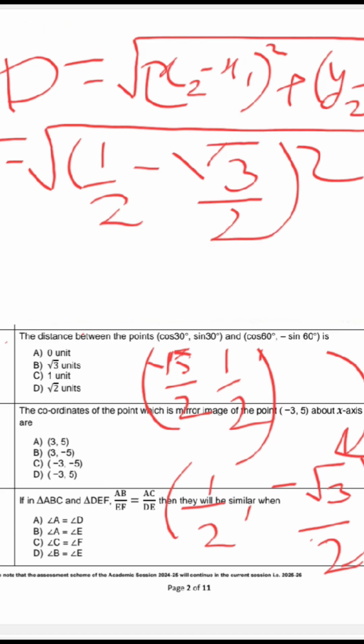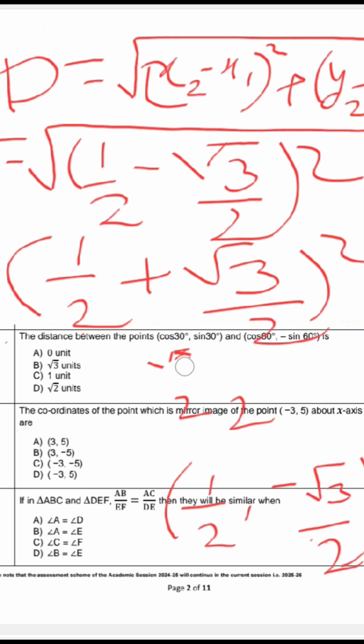And next what you write in square root? Minus root 3 by 2 minus 1 by 2. You can solve y2 minus y1 or y1 minus y2. So we change here because negative का कोई impact नहीं आएगा. So you can write here 1 by 2 plus root 3 by 2 square.